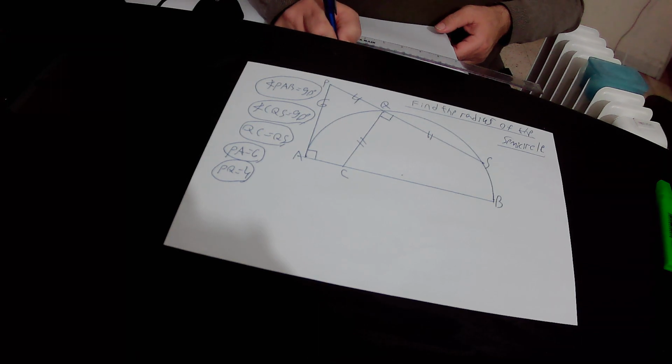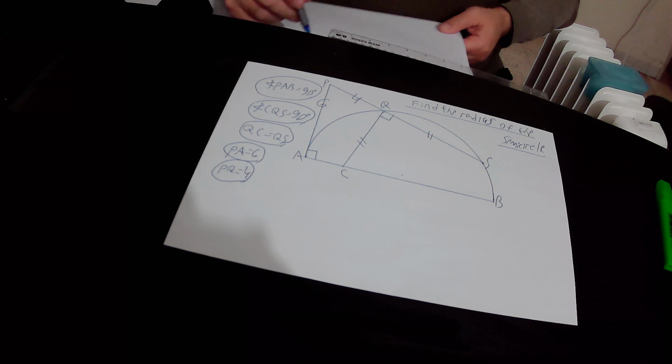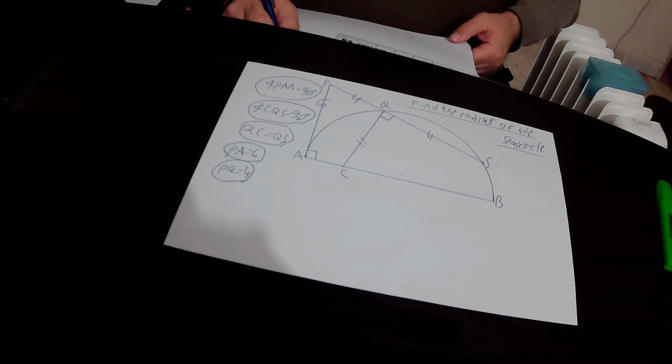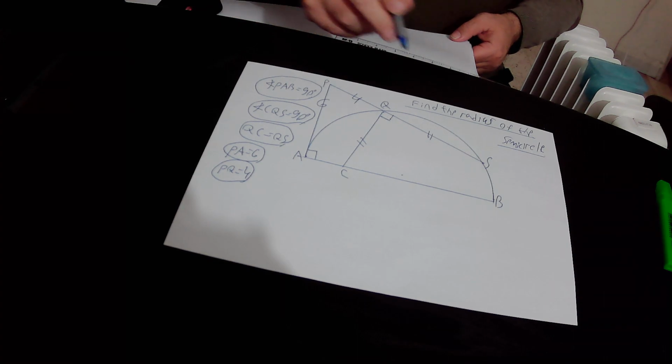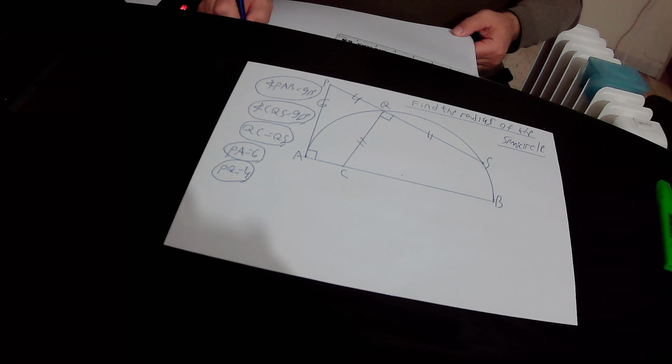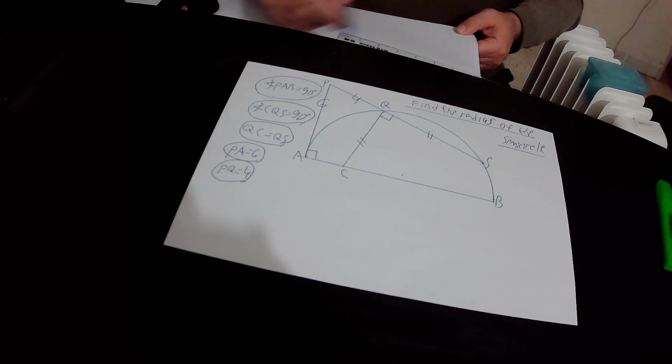According to rule number 10, we get here that PA square equals PQ times PS.